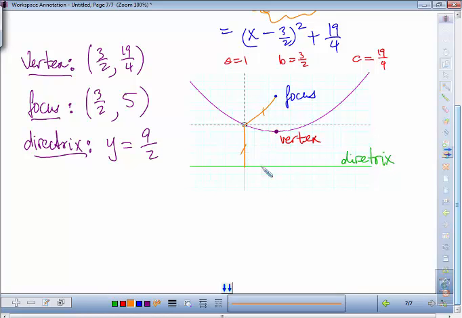So they would have the same distance from the focus to any point on the parabola and that point on the parabola to the directrix.